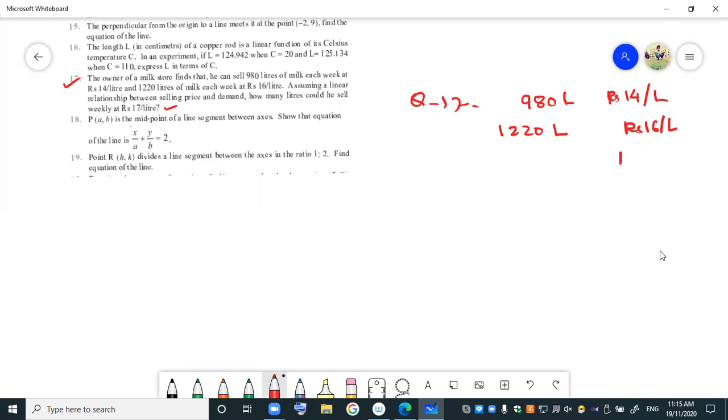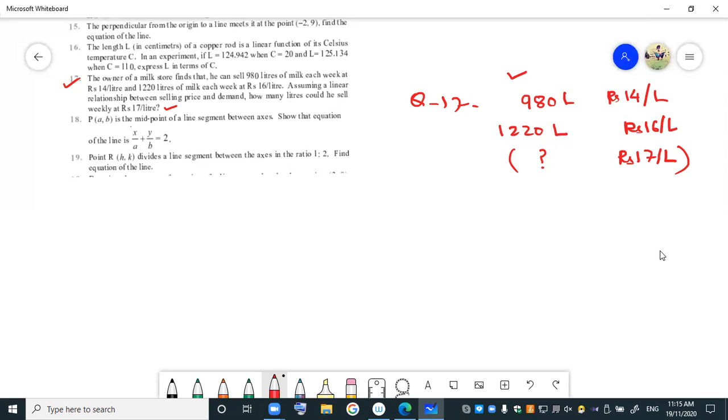How many will he sell at the rate of 17 rupees per liter? How many liters? This we have to find. So first we have to find the relation between these. We have to convert liters into the rate, because we will put the rate in to find the number of liters.